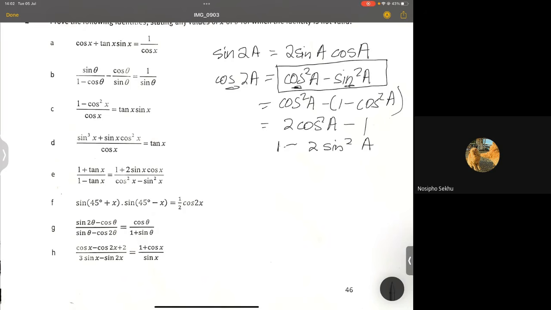So you can factorize this into cos a plus sine a times cos a minus sine a. So you can simplify, or in this case, factorize that.